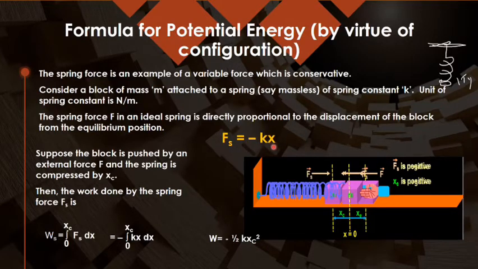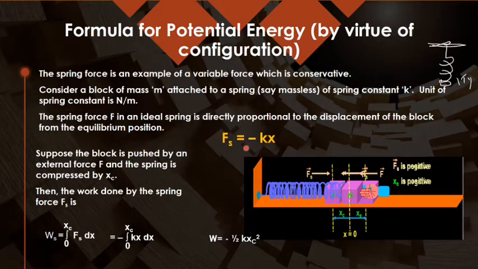So we have to work within the elastic limit. Elastic limit means that if I extend the body and release it, it comes back to its original configuration. But if I go beyond the elastic limit, it will get stretched forever. It will never return to its mean position or its original position.